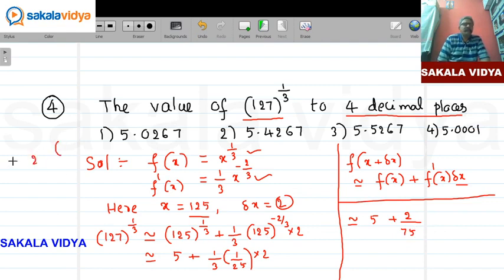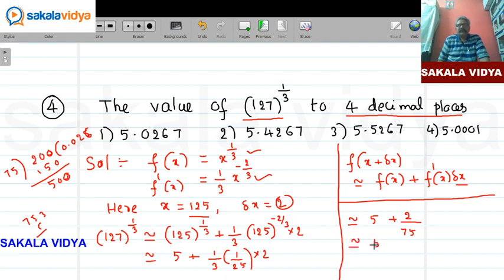So, if you divide 2 by 75, 20 will not go, so 0.0, okay, 200, 75 twos are 150, you get 50, put 0, 75 goes into 500 six times. 75 into 6, how much will we be getting? Yes, 450. So 0.026 approximately.